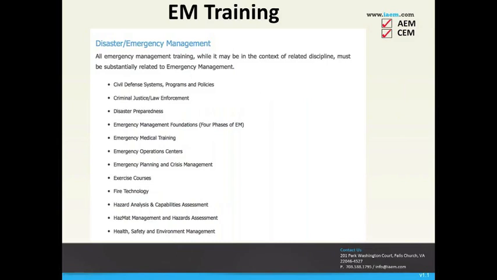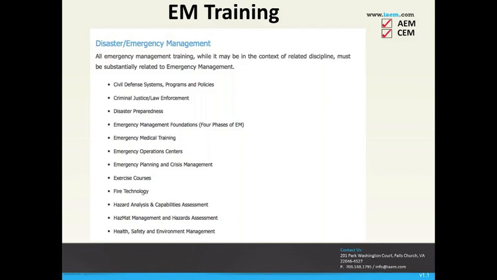When you get into the topics and the related disciplines, just remember that they must be substantially related to emergency management. A couple of examples: if you look at the second one down, criminal justice and law enforcement, if you're going to a course on driving under the influence, and you've got 6 hours credit and you put that in as an emergency management course, that would be seen as a specific technical course in law enforcement that is not emergency management related.